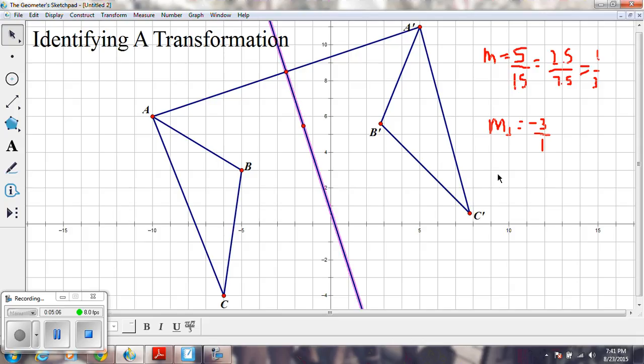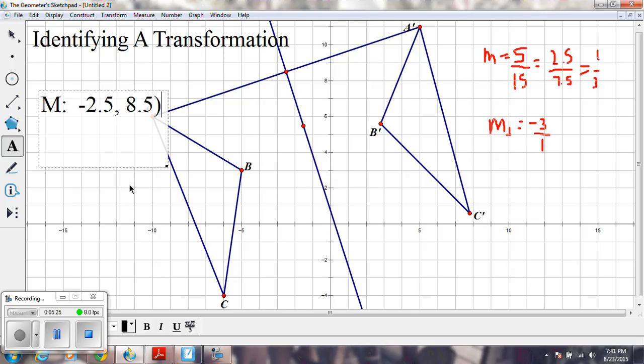I need to write the equation of that line of reflection. To do so, let's identify the points where our line was. We know that our line went through the midpoint, which was negative 2.5, 8.5 as my coordinates.